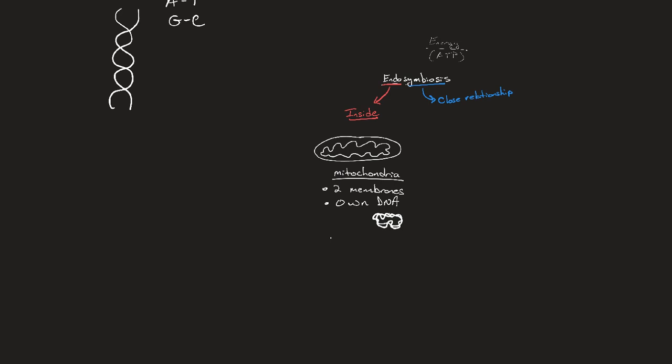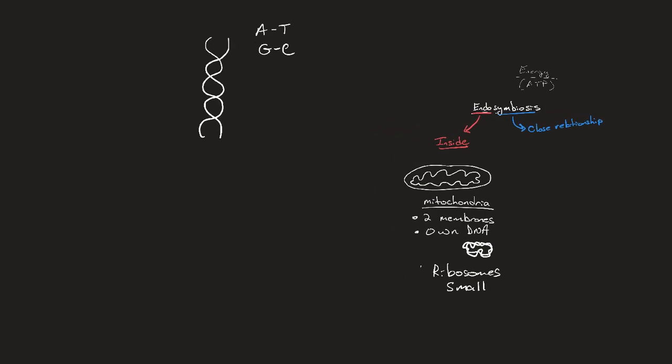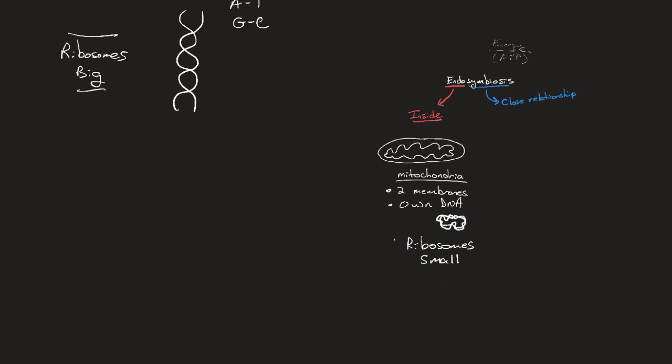Its ribosomes, another organelle, are small. It has its own ribosomes, codes for its own ribosomes. Our ribosomes are big. All the rest of the ribosomes in your cell are big.